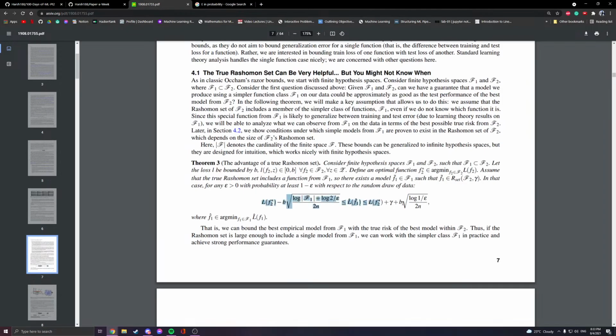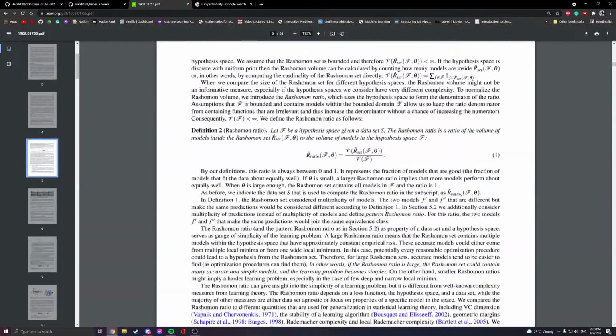Notations like this are really hard to understand, like where it's coming from, especially to have a visual and conceptual understanding. I mean, from an algebraic standpoint, it makes sense. Okay, whatever, we're taking the log of the, what is this, hypothesis space?